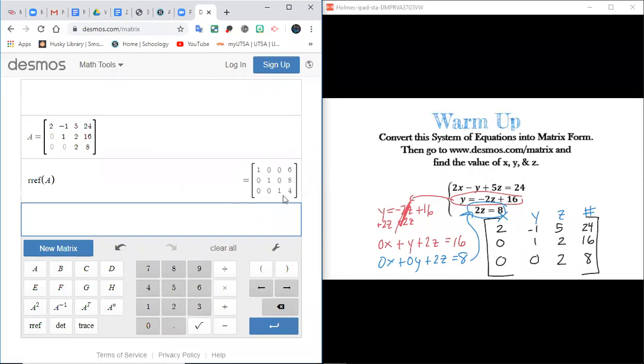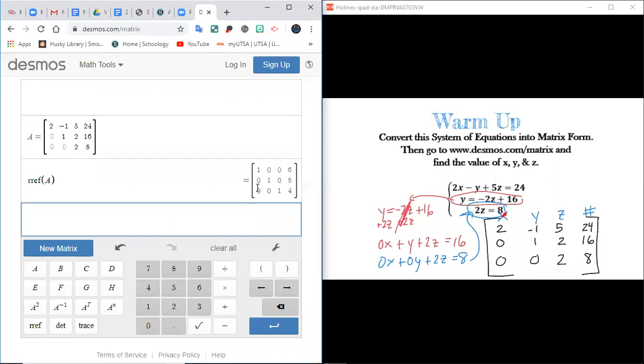Now, how do we interpret this over here on the right? Okay, the way we interpret it is look at the first row. There's nothing in the first row except for the number 1 and the number 6. So the last column will be your answers. This is going to be the answers of what you're looking for, the last column. The first column, the only letter that we have here is what letter?